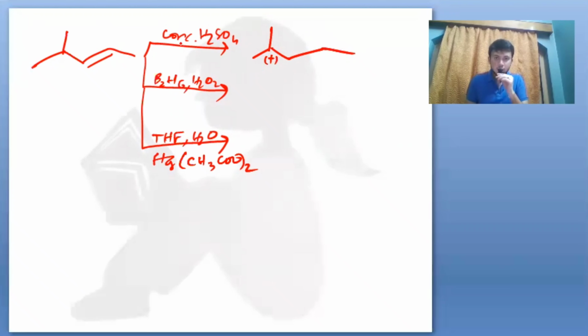Now in the first case, in concentrated H2SO4, the OH group will be added here. Okay, so let's add the OH group here. That's how in the first case it will come.